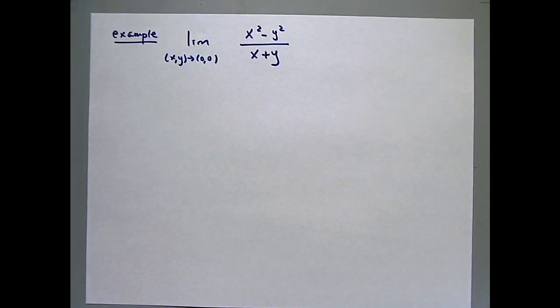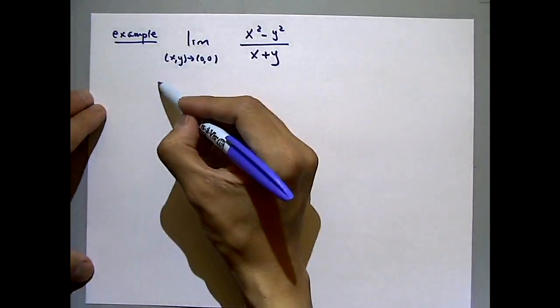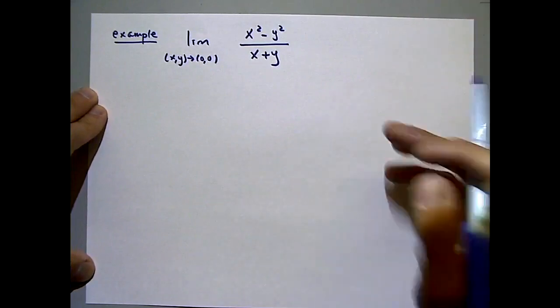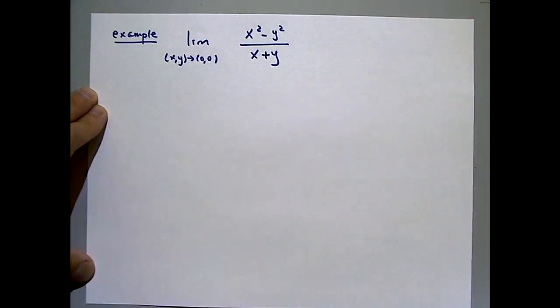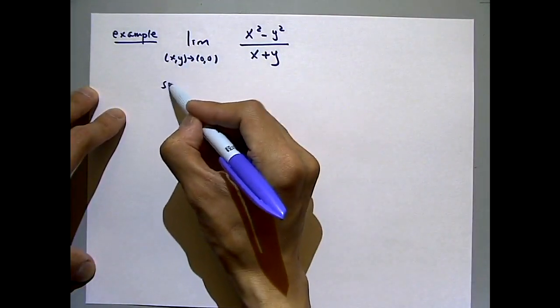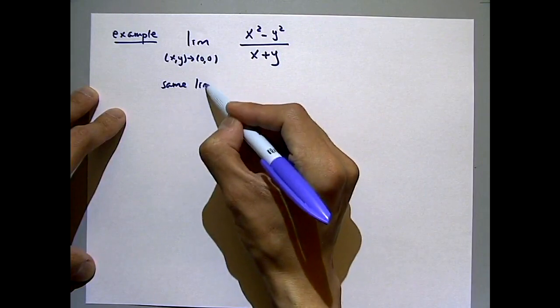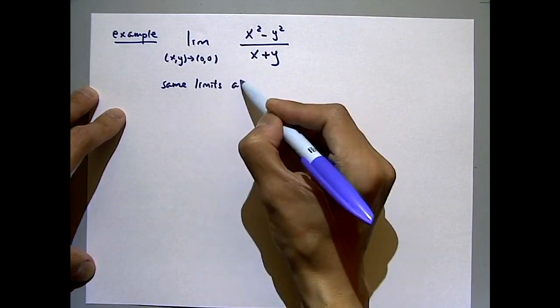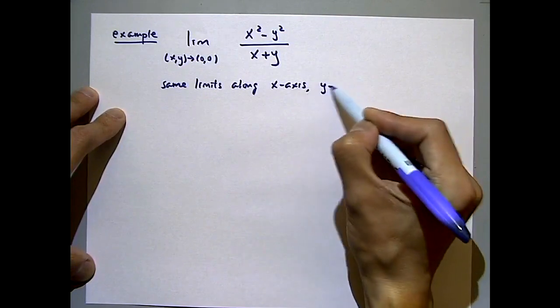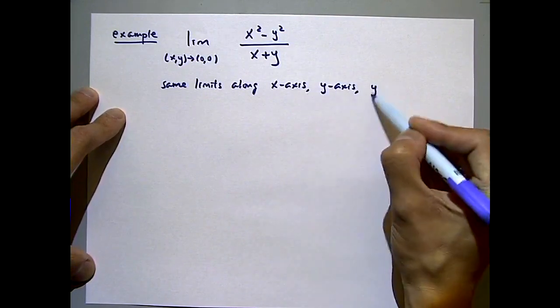All right, so we're going to skip the first few attempts for this example. But after you check the x-axis, the y-axis, and y = mx, these all turn out to be the same. Same limits along the x-axis, y-axis, y equal to mx.